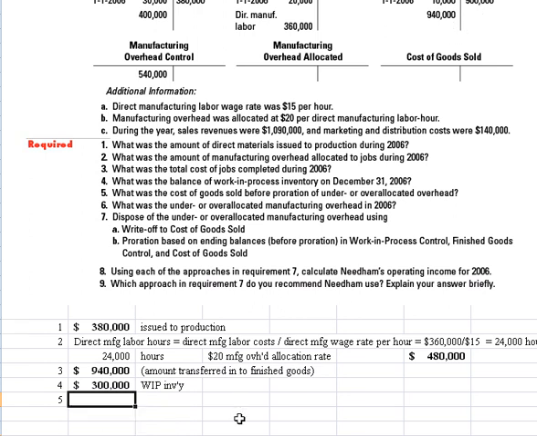And that's really all there is to number 5. We'll bold that, make it look the same, and then we can move on to number 6. And number 6 says, what was the under or over allocated manufacturing overhead in 2006?